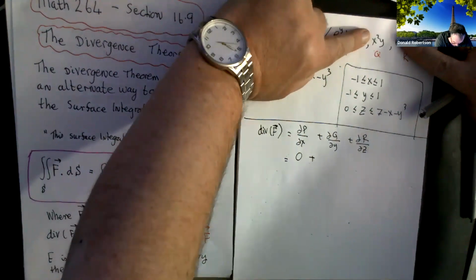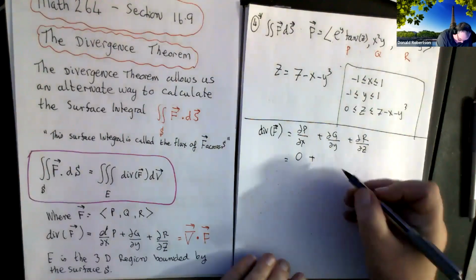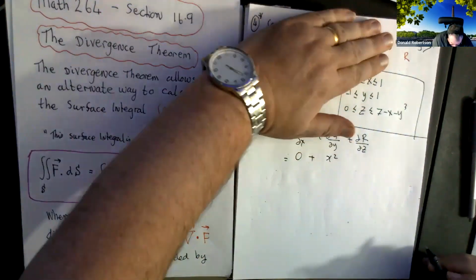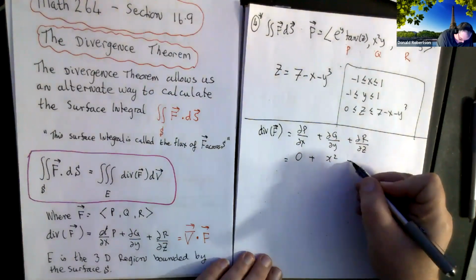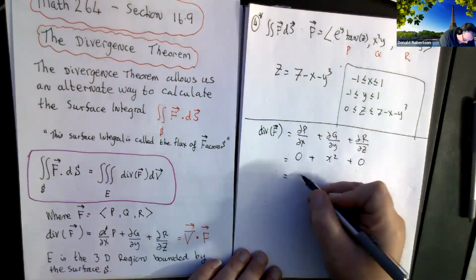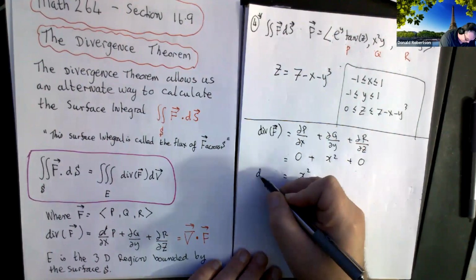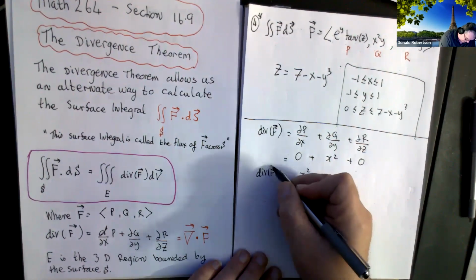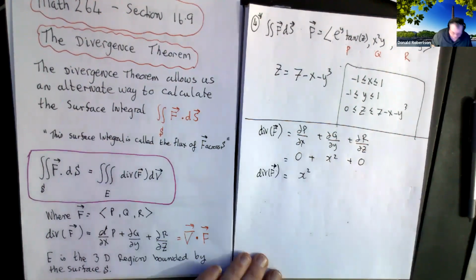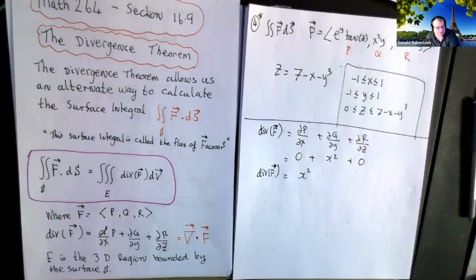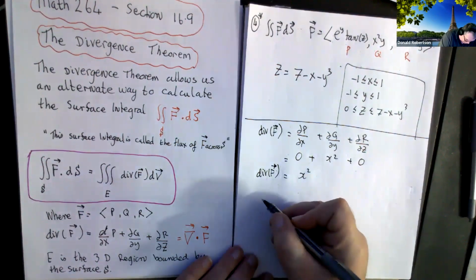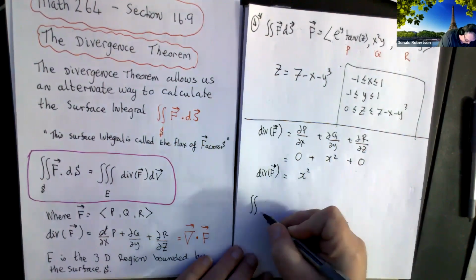If you do this middle one with respect to y, you get x squared. And if you do this end guy with respect to z, you get 0. Well, the divergence of f is just x squared. So we are pretty much ready to rock and roll.